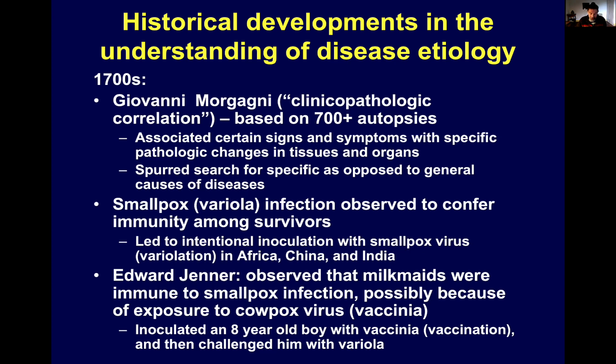This is obviously a challenge experiment that would be highly unethical by today's standards, but it was done, and luckily it worked. The boy did not develop smallpox, and the science of vaccination was born by Jenner's first vaccination clinical trial, although the practice had been going on probably for centuries in Africa, China, and India. But smallpox, which killed about 300 million people in the 20th century alone, was eventually eradicated using vaccination.